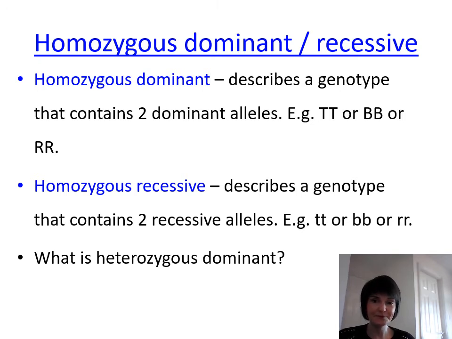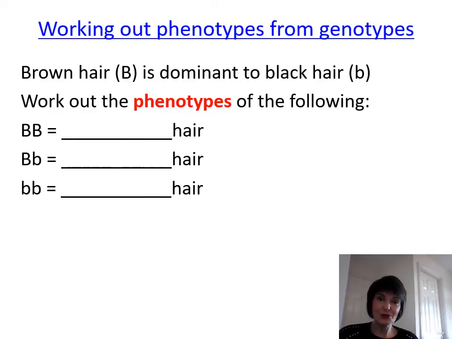Right then. So this is just again a little exercise that you can try. This is you working out phenotypes from genotypes. So if I told you that brown hair is dominant to black hair, work out the phenotypes of the following.